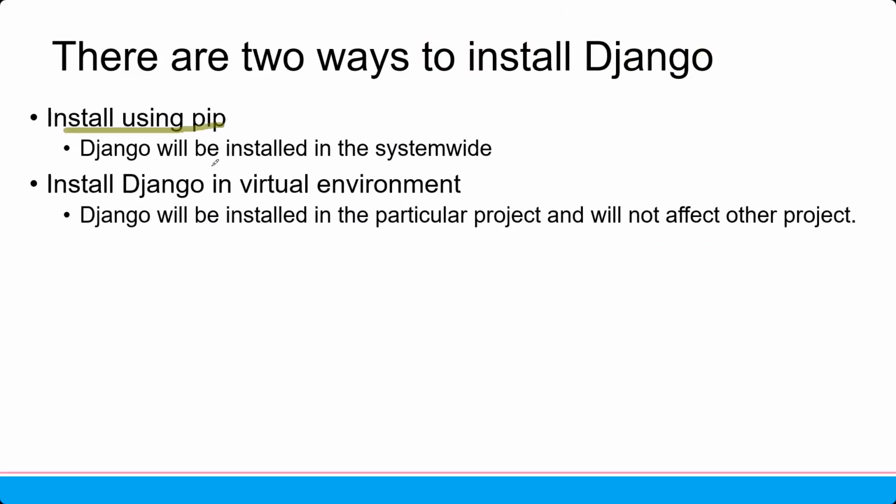So with pip, when you run Python or the command prompt, Django will be installed in the system. Or you can use Django in a virtual environment. So it means every time you create a project, it will always create a new Django, and it will not affect other projects. So it means only the project based.